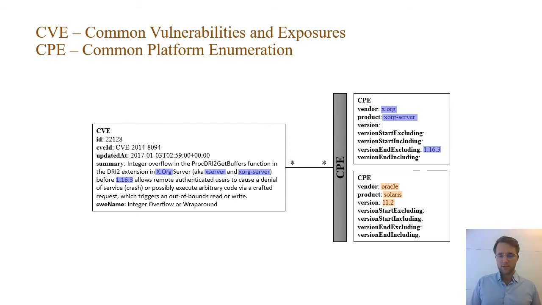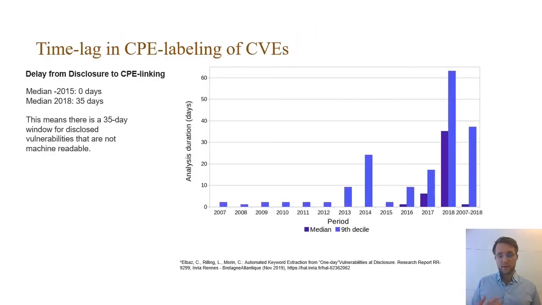But there are challenges to this because it is the CNAs that analyze these CVEs when they find them, and a CVE is only disclosed with a summary, a unique CVE ID, and at least one reference. So there are no CPEs linked to the CVEs initially. In 2015 and earlier, there were CPEs linked to all CVEs within 0 days in the median case.